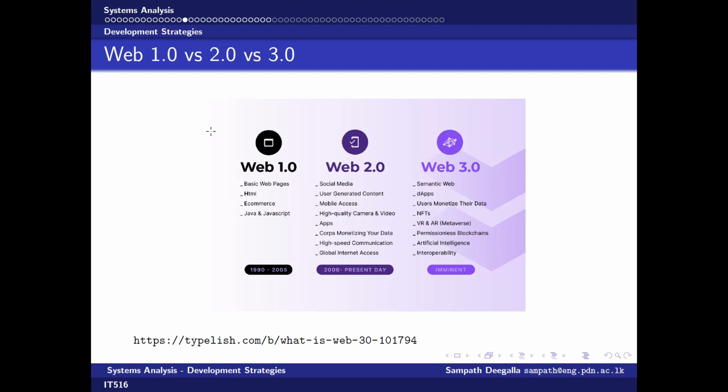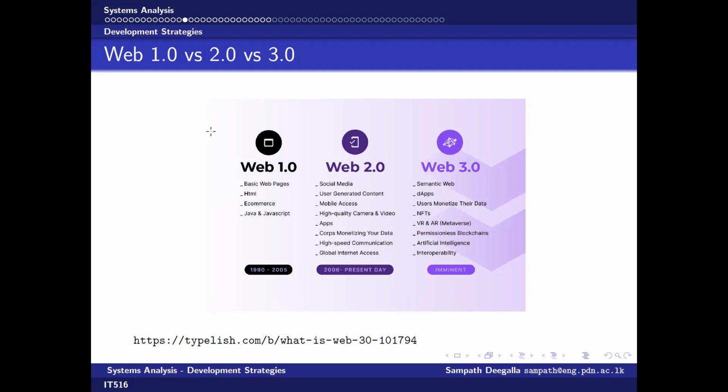Whereas if you look at what is our future, it will be the semantic web, not just social media. Instead of apps, we call them DApps, distributed apps, which means it's decentralized, not a centralized application that we talk about. And users monetize their data, not the companies or the organizations.